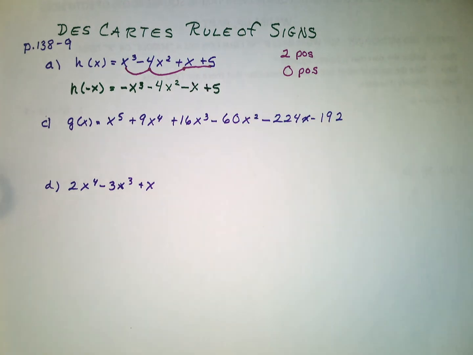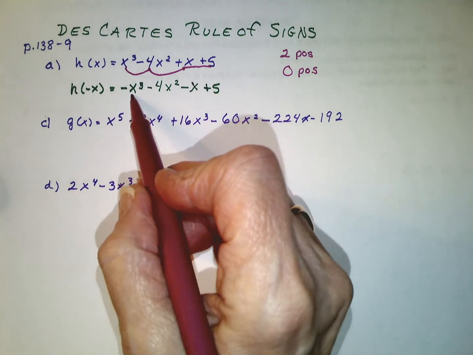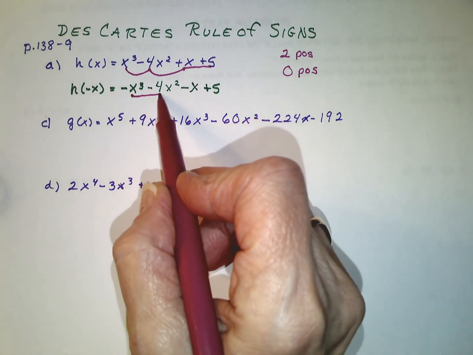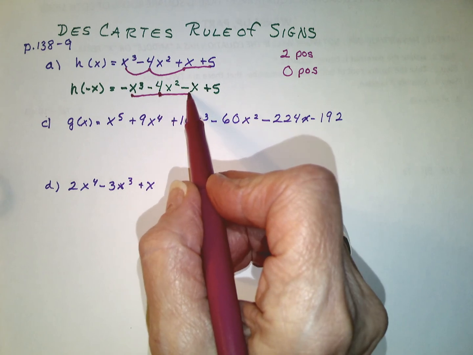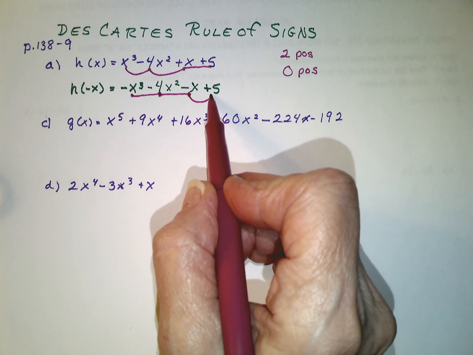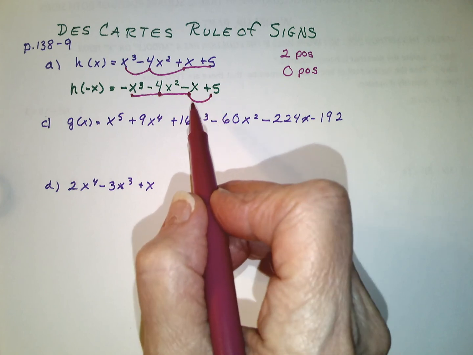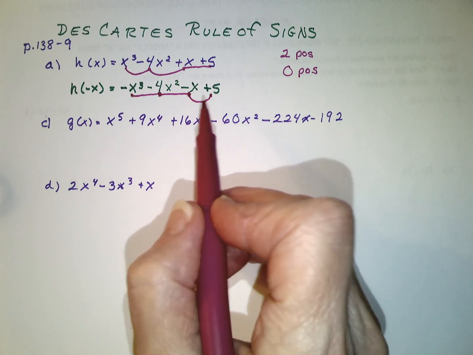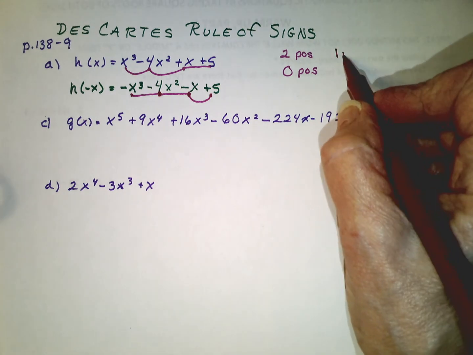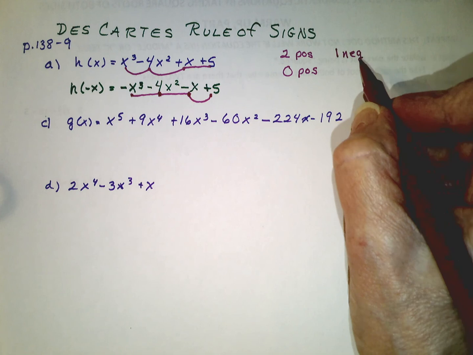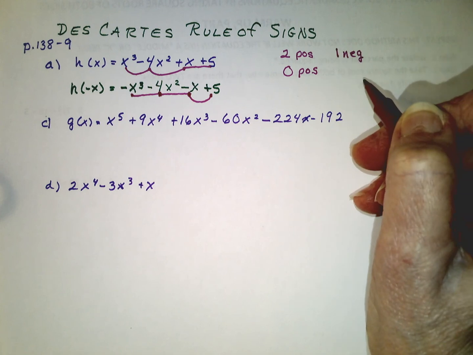Once again, we just count the changes. Well, negative to negative, that stays. To negative, that stays. But then a negative to a positive, that's a change. So we do have one change for the negative values. That means there could be one negative real root if there were 2 positive roots.